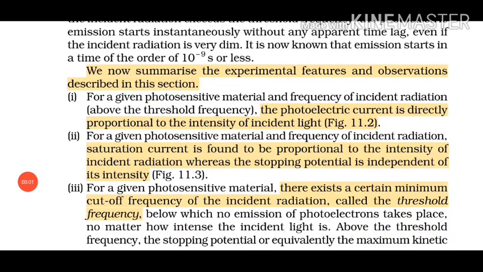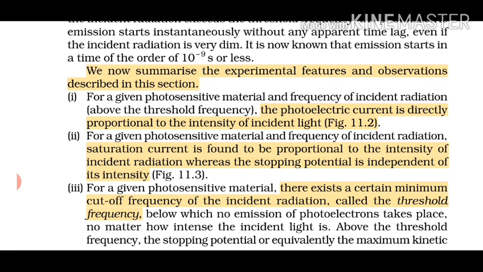So let us summarize the experimental features and observations of the photoelectric effect. The very first observation is that photocurrent is directly proportional to the intensity of light. This is also what we concluded from the first graphical variation.